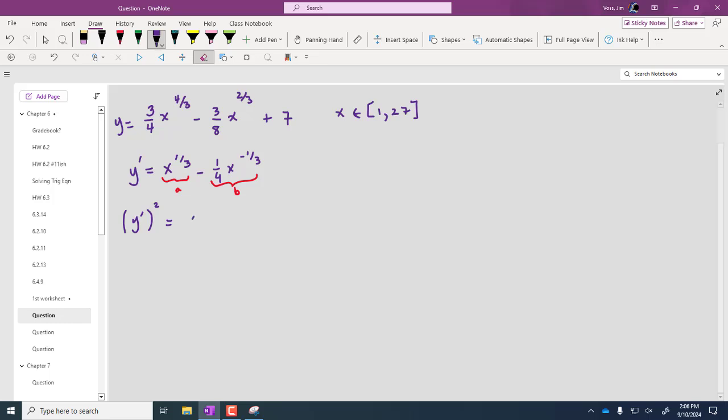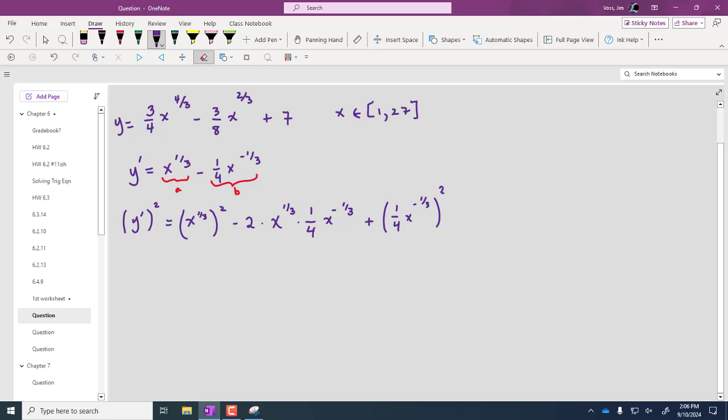So we're going to have, and I'm not going to simplify it at all, a squared minus 2 times a times b plus b squared. And b does not include the minus, so we're going to write it as 1/4 x blah, blah, blah, to that squared.